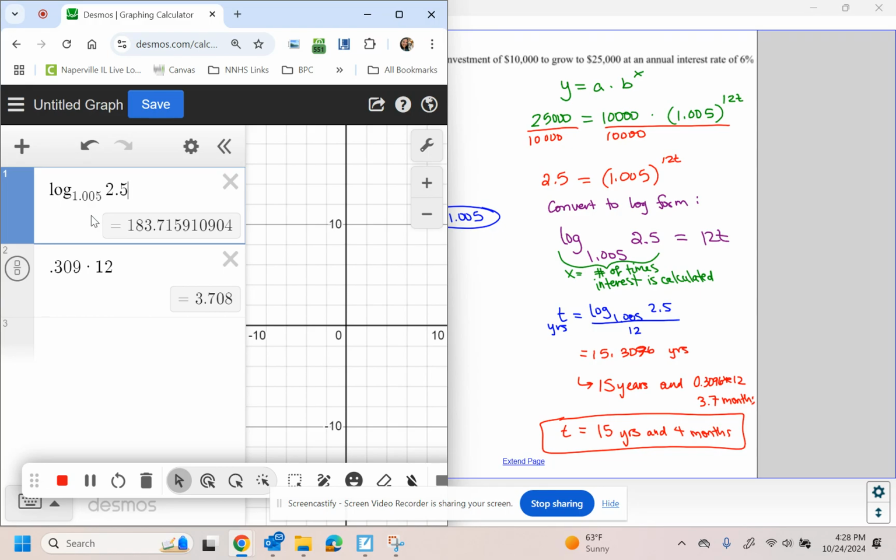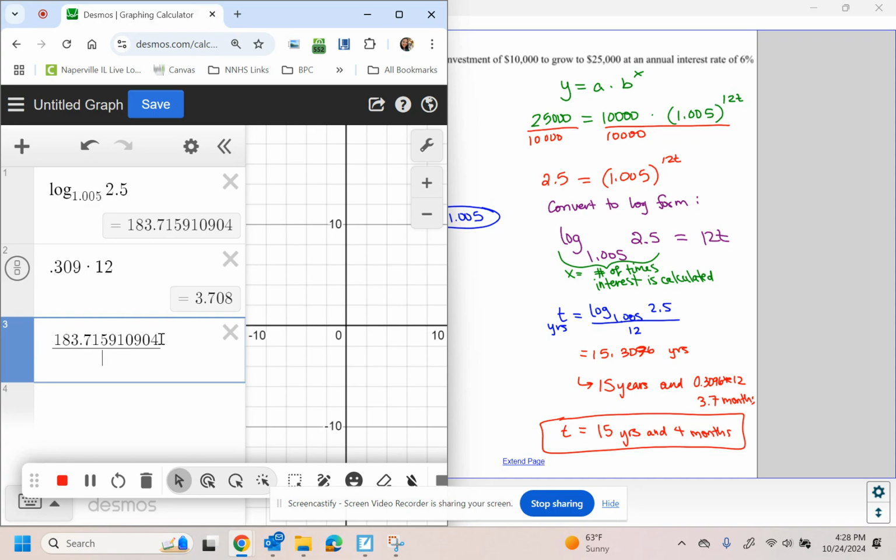That's how many times interest is calculated. So then if you did that divided by 12, that gives you the 15.309 years. And so 15.309 or 15.31 years is okay, or 15 years and 4 months.